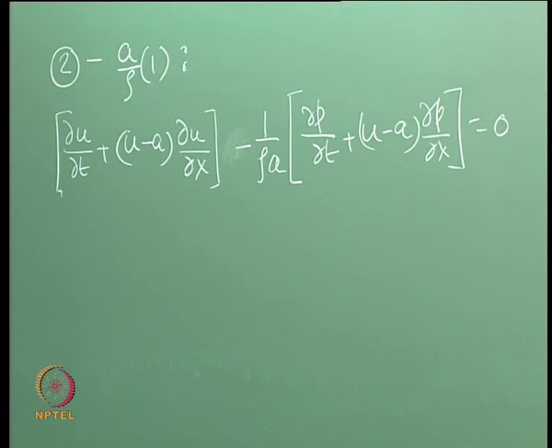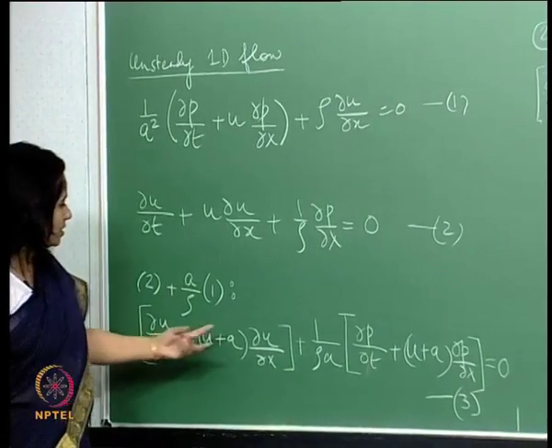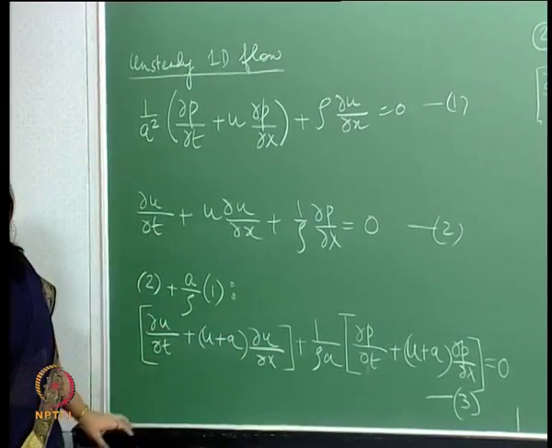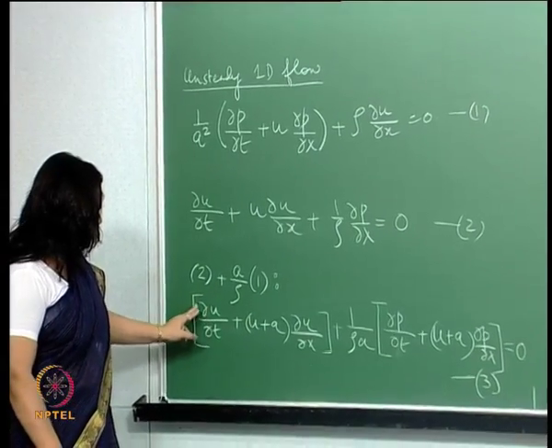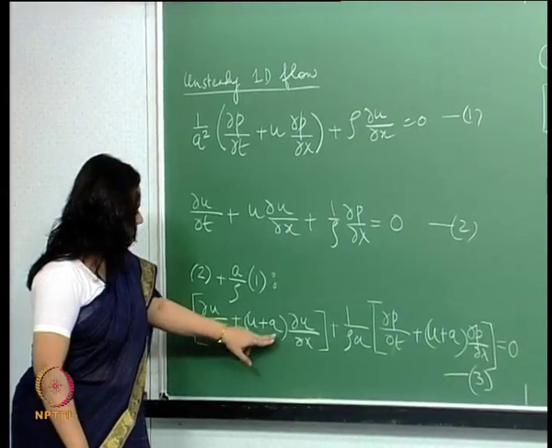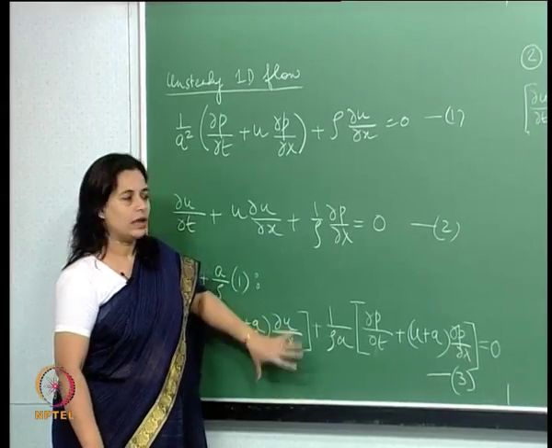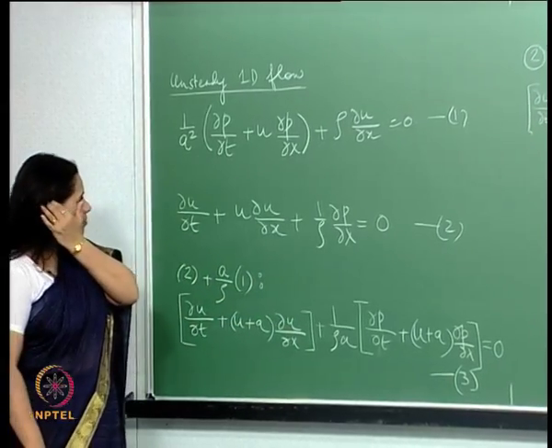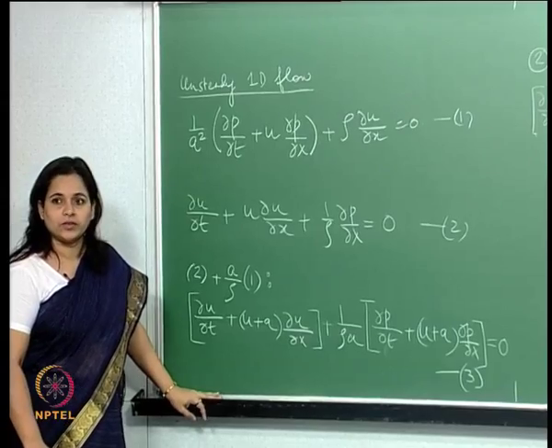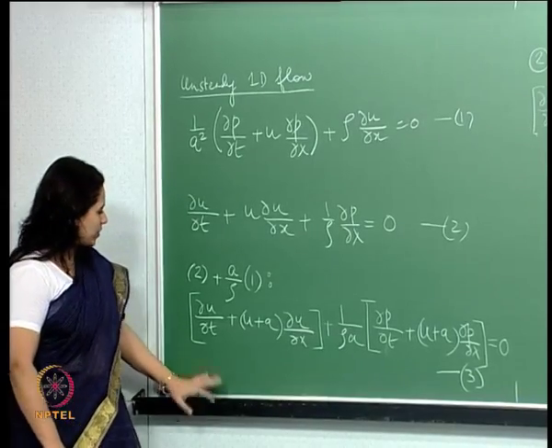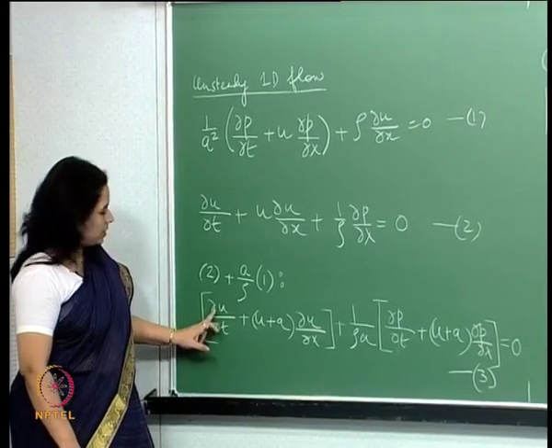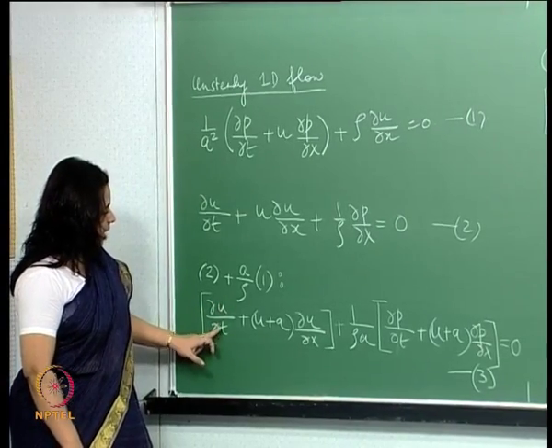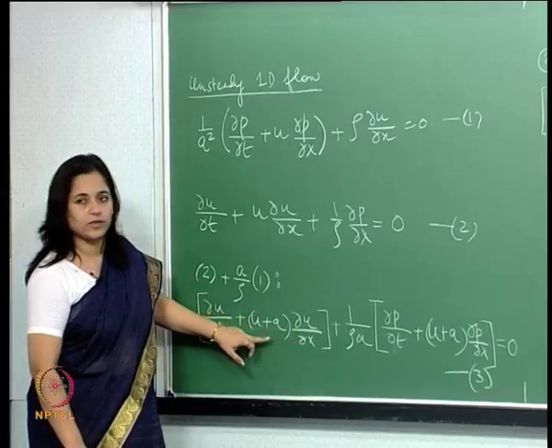Now let us look at this part of the equation over here. So this is essentially ∂u/∂t plus (u plus a) ∂u/∂x, right. Now if you remember the concept of the total derivative, this is essentially the instantaneous acceleration, and this is the convective term.